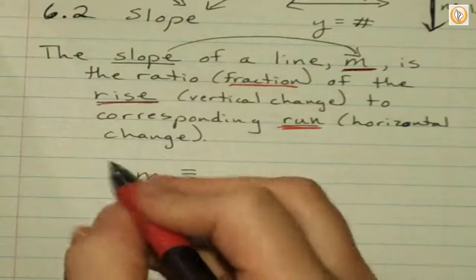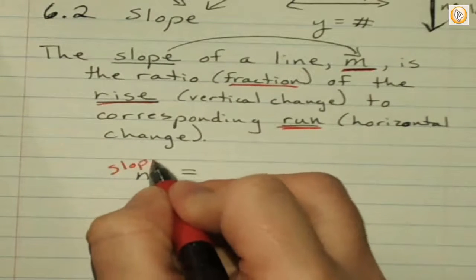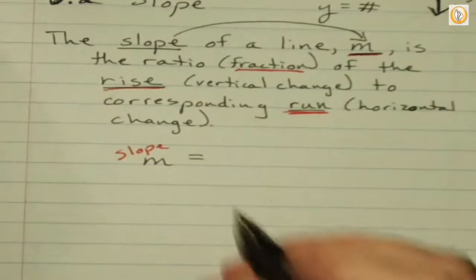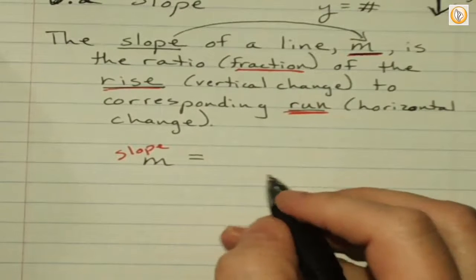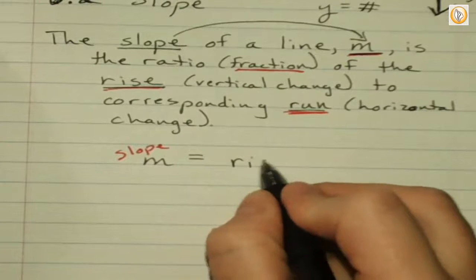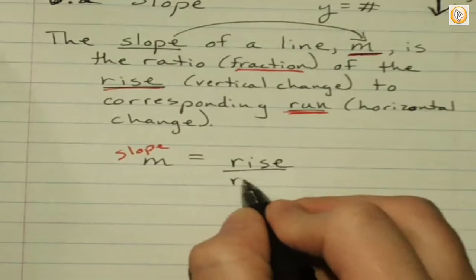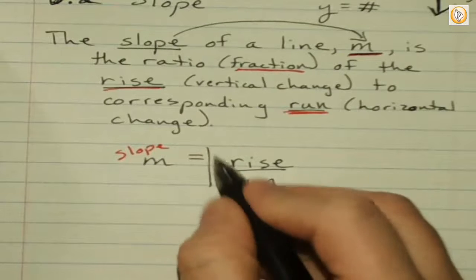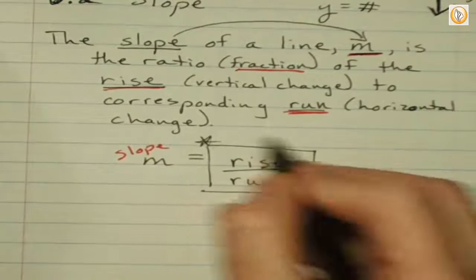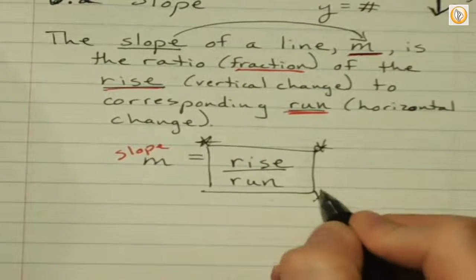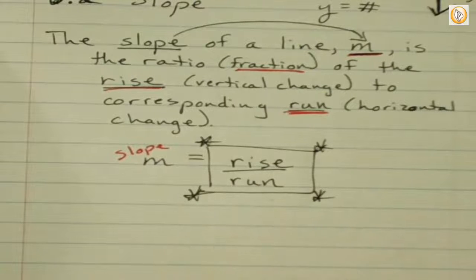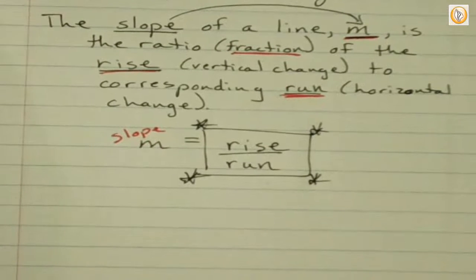In fact, I'm going to write, that says slope equals rise over run. Rise over run.